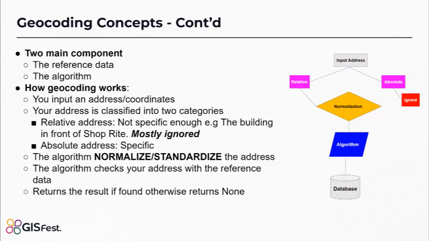All this reference data is stored in the database, while the algorithm also runs in the database, and sometimes via an API, depending on how you want to build your geocoding system. But it's recommended to use SQL functions, scripts and algorithms because they're very close to the data.